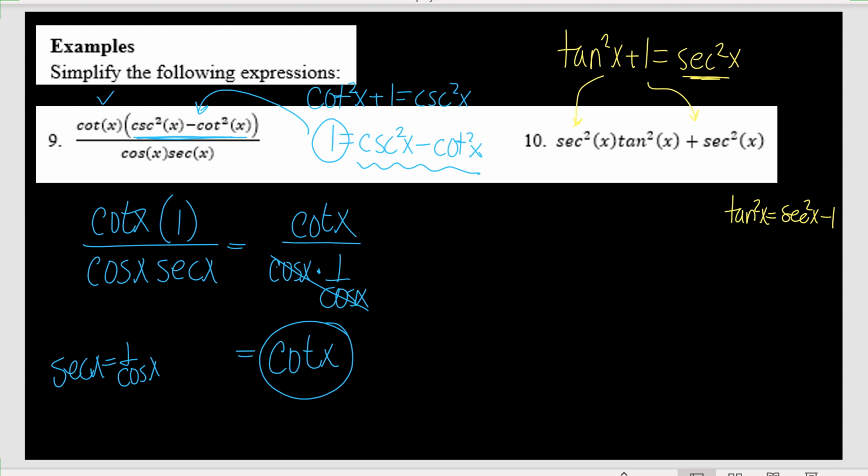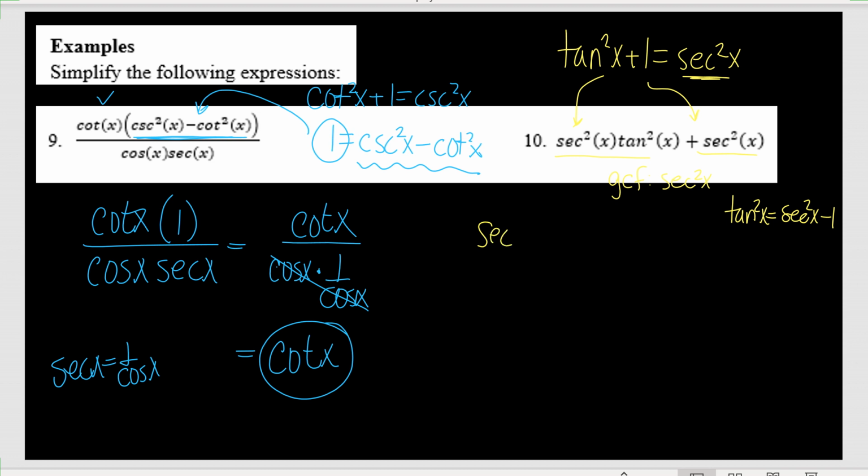That's a choice. Another choice is go back to our algebra skills. What do we have in both terms? That's right, we have a common factor of secant squared. Some people are going to jump right to that. Some people are going to jump to using the identities the other way. I'm going to show you the secant squared way with the GCF, and then we'll see if we have time for another way.